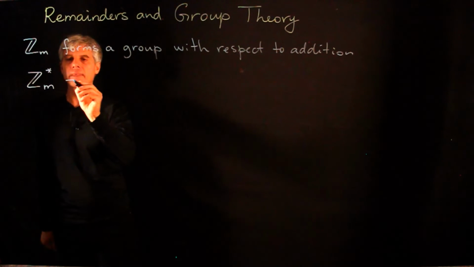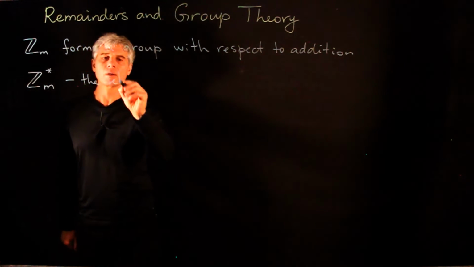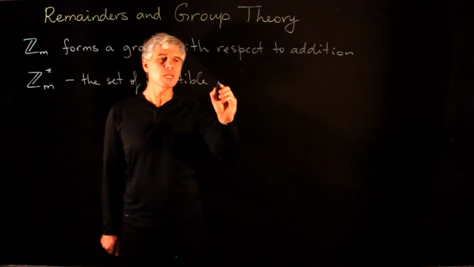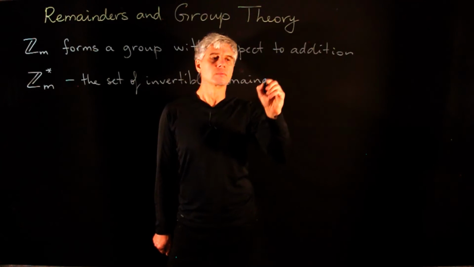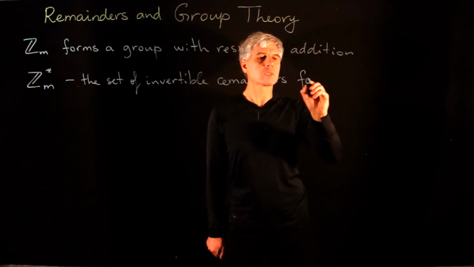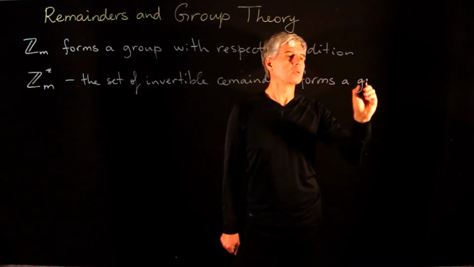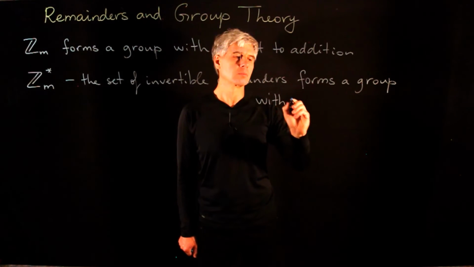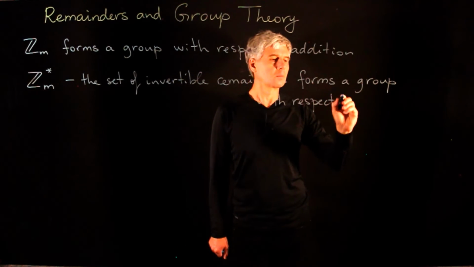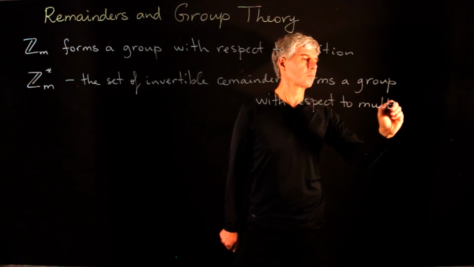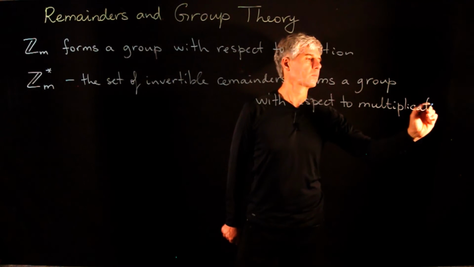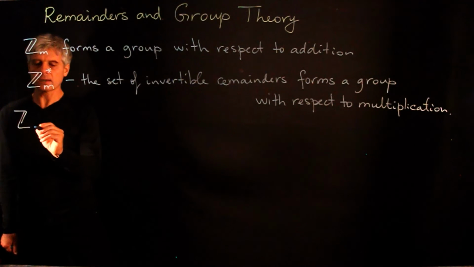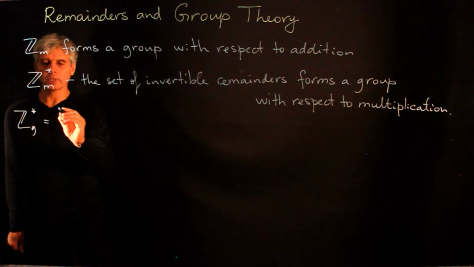So this is the set of invertible remainders, and it forms a group with respect to multiplication. So for example, Z9 star is the following set.